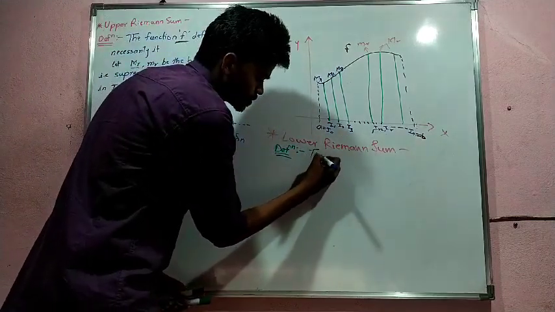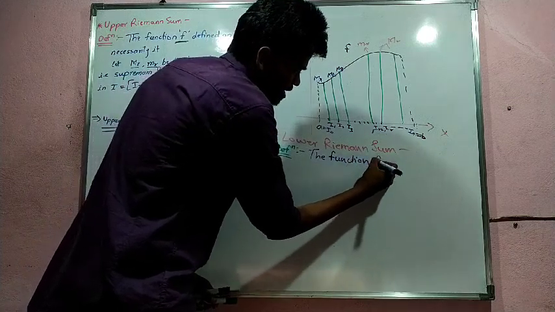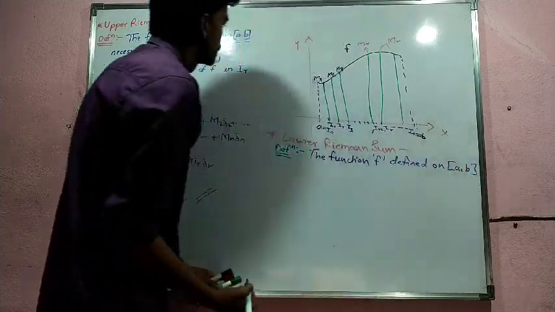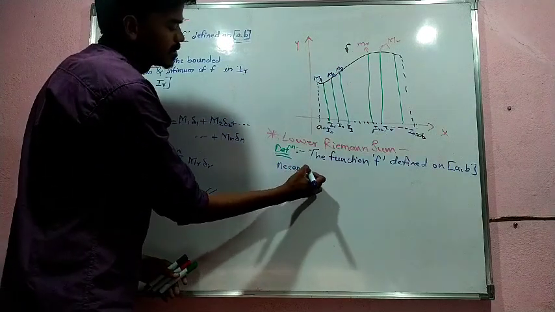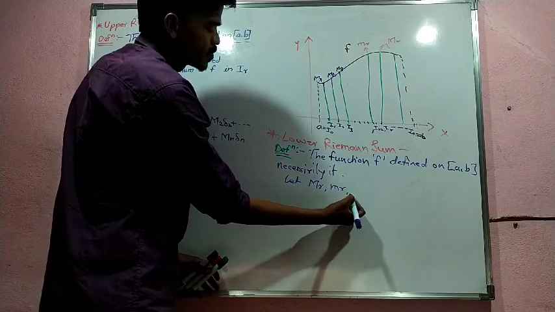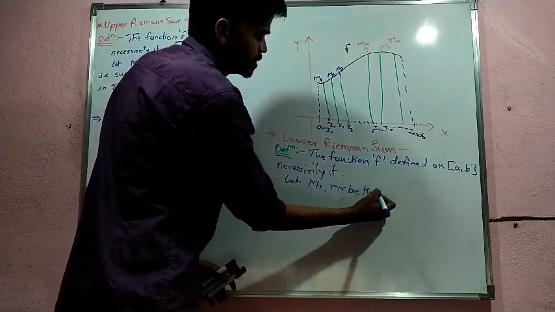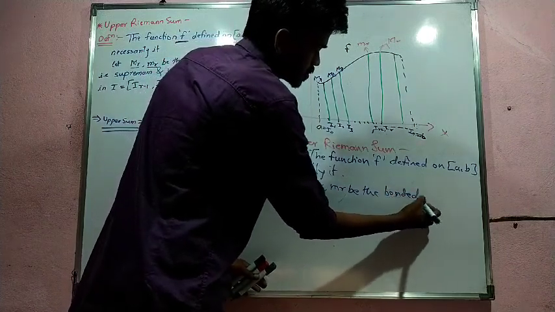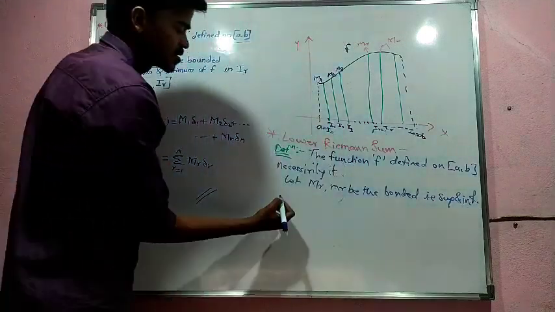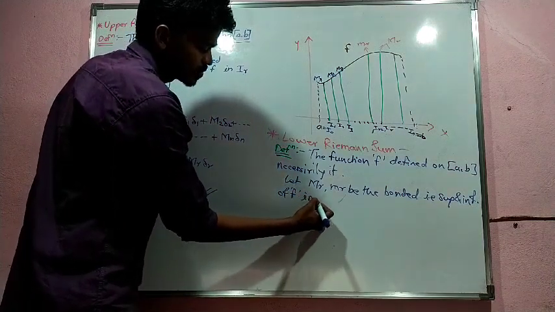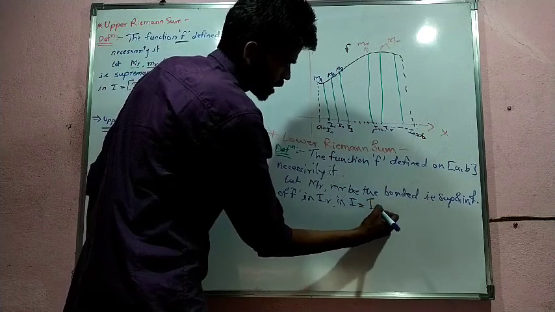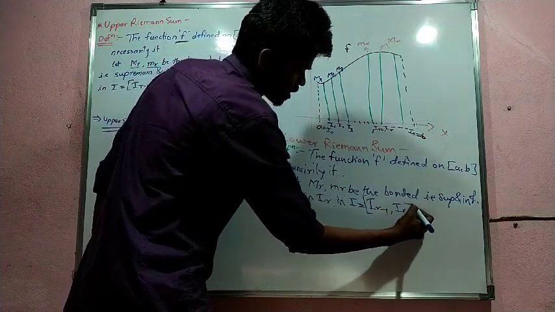Definition: the function f defined on the closed interval AB, let capital Mr and small mr be the bounds, that is, the supremum and infimum of the given function f in the particular interval Ir, that is, the closed interval Ir minus 1 to Ir.